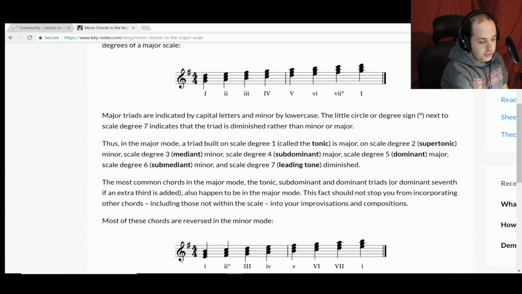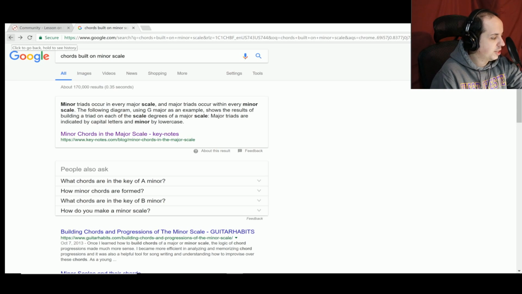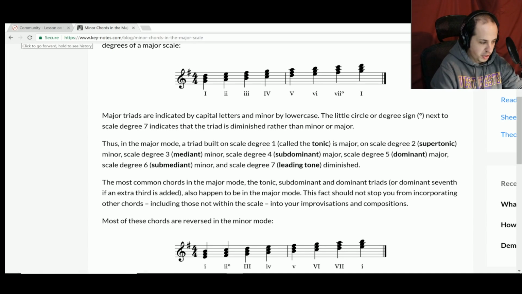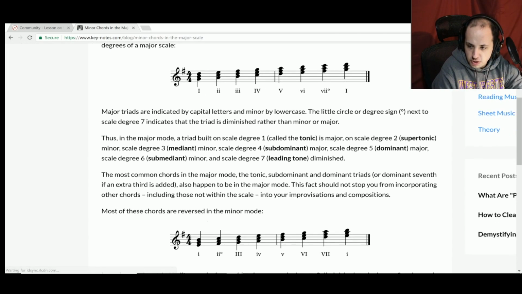Okay, so here's your perfect example. This is at key-notes.com. All I did to get here was I typed in chords built on minor scale into Google, and it'll bring you here. So basically this shows you two things, right?